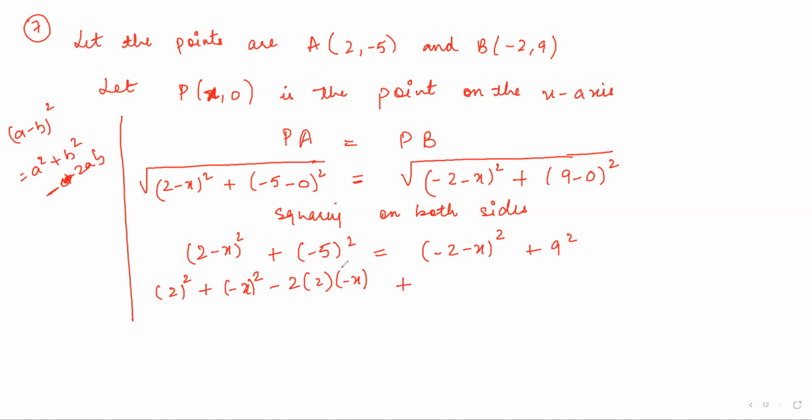And then plus (minus 5) whole square, which is 25, will be equal to, again on this side, (minus 2 minus x) whole square, which is again (a minus b) whole square. So minus 2 whole square plus x whole square and minus 2 into a into b, and then plus 9 into 9, which is 81.